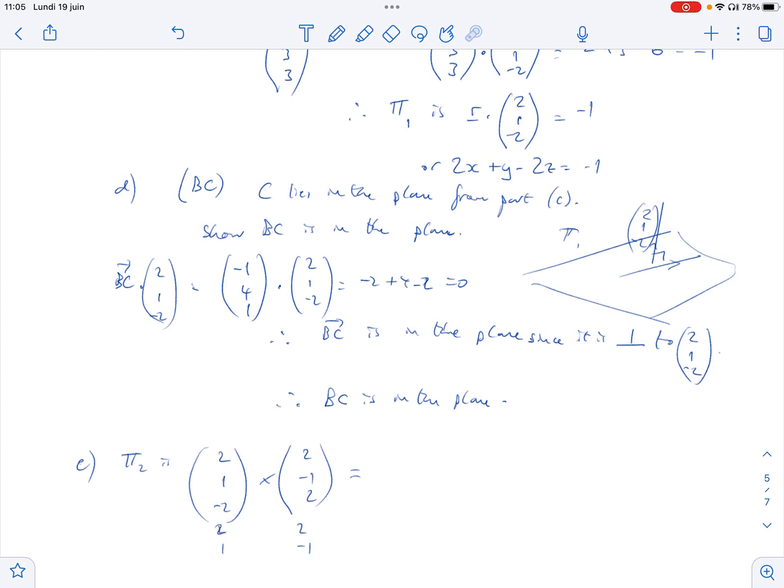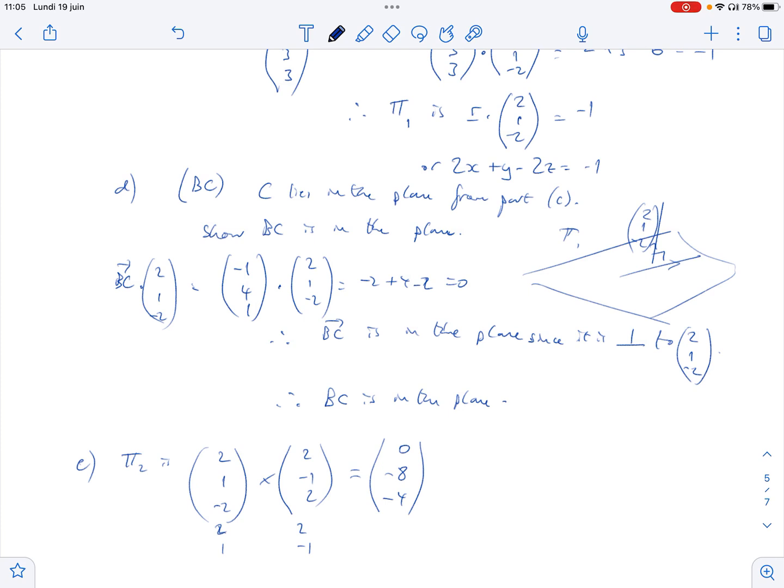To get the first part of the vector here, we choose these four, that's 2 subtract 2 is 0. And then this one is -4 subtract 4 is -8. And this one is -2 subtract 2 is -4.